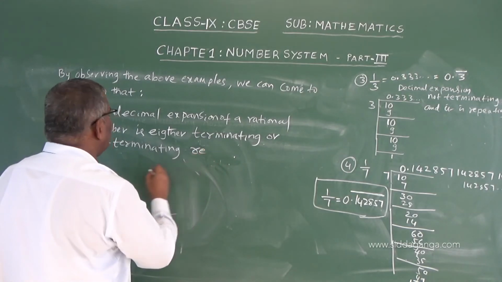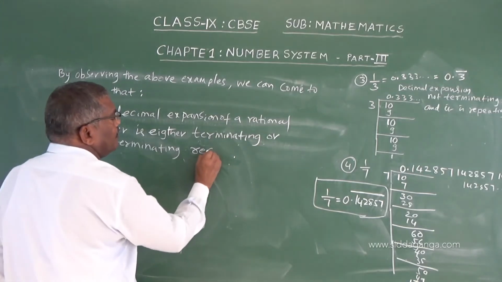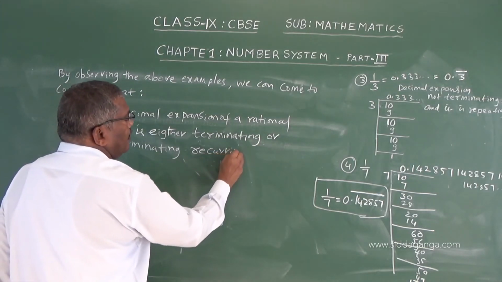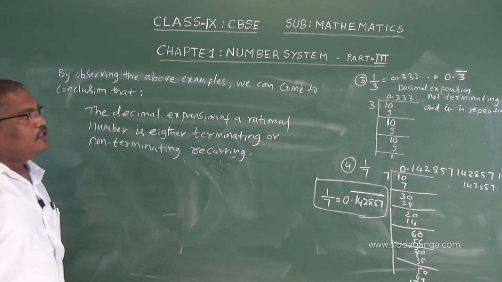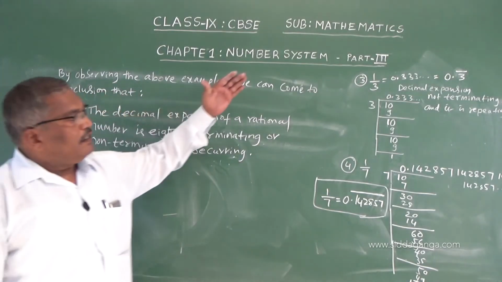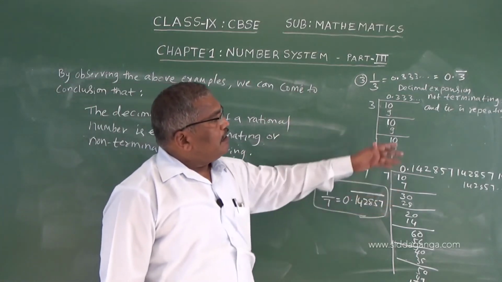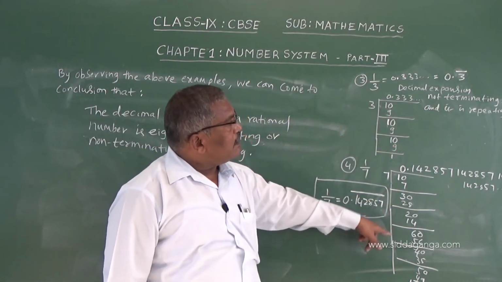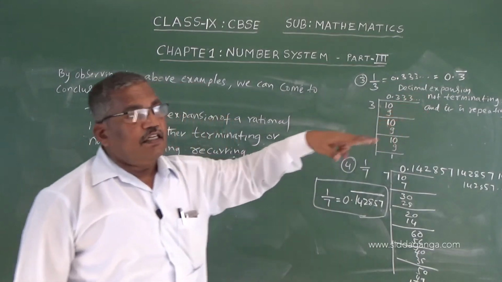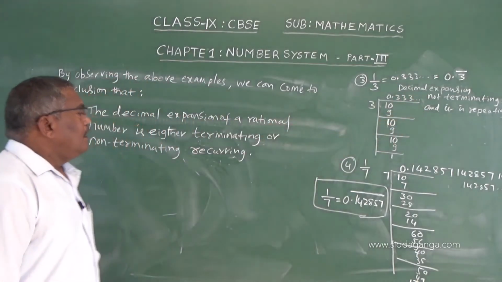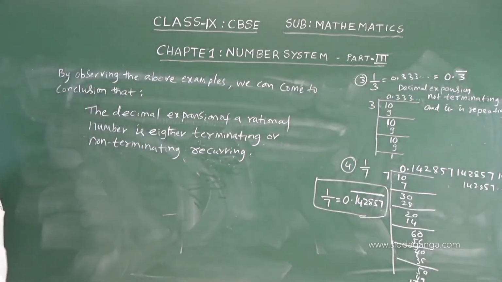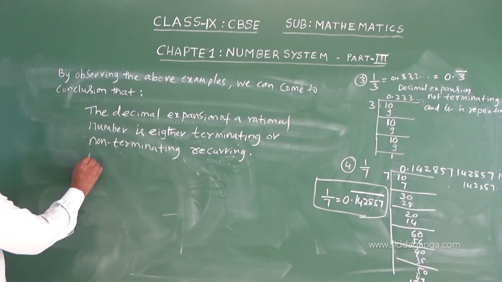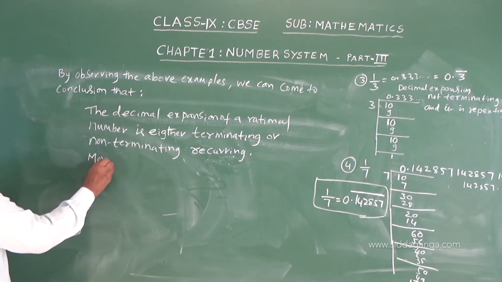Recurring and repeating have the same meaning. Suppose it is not terminating; whenever it does not terminate, the digits will recur. That means digits will repeat.